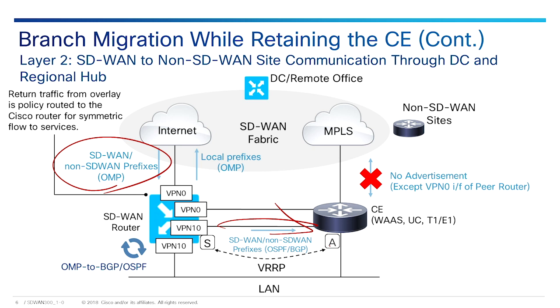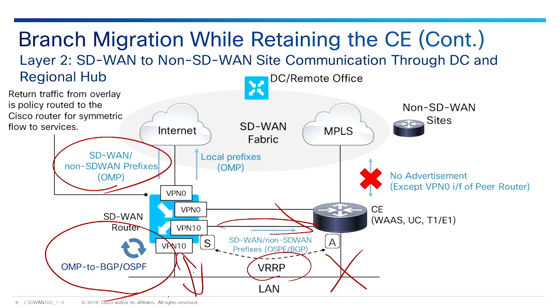The CE does not announce any local prefix with the exception of the VPN 0 interface of the SD-WAN router. So all of our communication to the inside of the network is done on the SD-WAN router. There's no routing done this way at all, other than the fact that VRRP is being run. So even though this is my default gateway, all the advertisements back and forth are through this router.